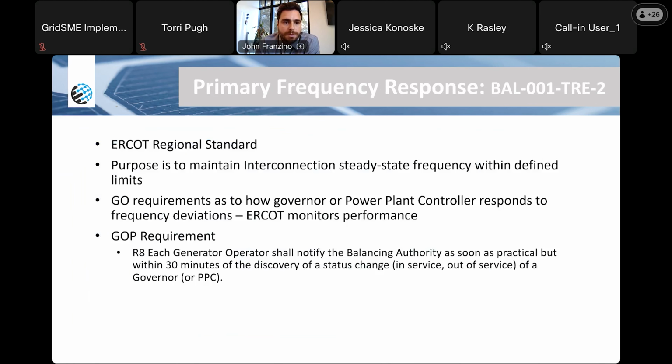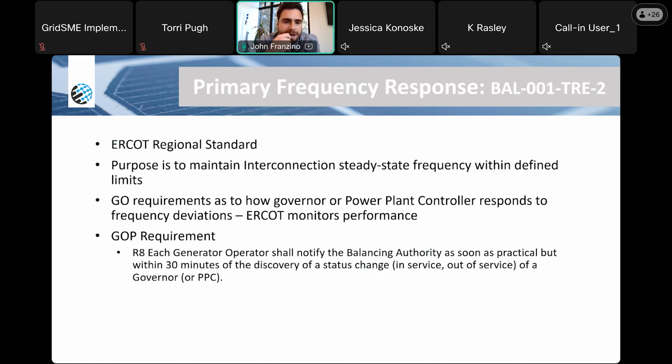So BAL-001 is about primary frequency response, and it is really about, not similar to modeling, but a little bit different, making sure that people who need to know understand how the PPC will respond to frequency deviations.